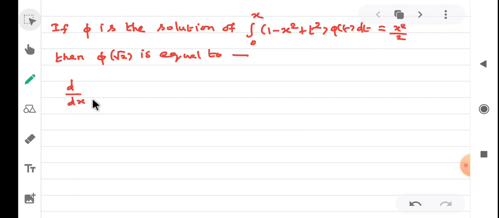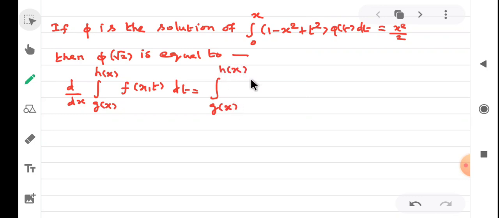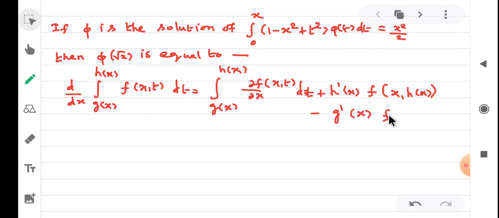d by dx of integral g of x to h of x f of x comma t into dt is equal to integral g of x to h of x dou f by dou x of x comma t into dt plus derivative of upper limit, that is h dash of x into f of x comma, replace this t by upper limit, x comma h of x, minus derivative of lower limit g dash of x into f of x comma, replace t by the lower limit g of x.